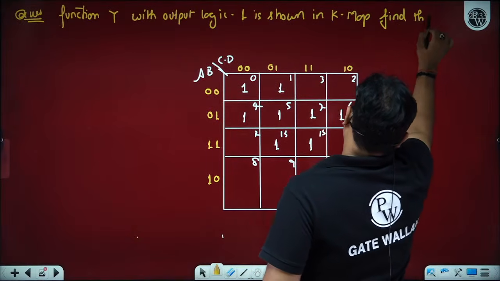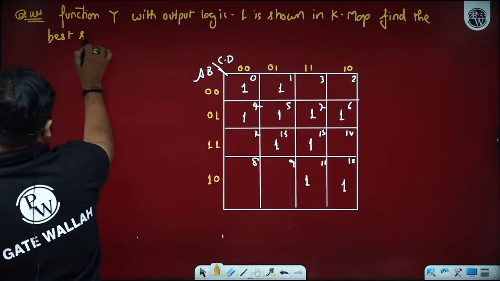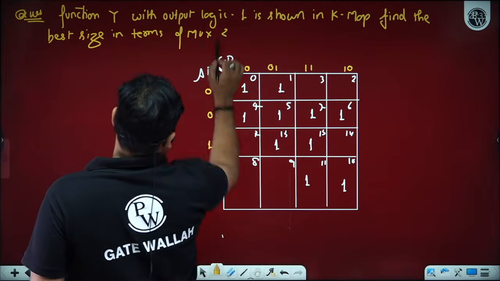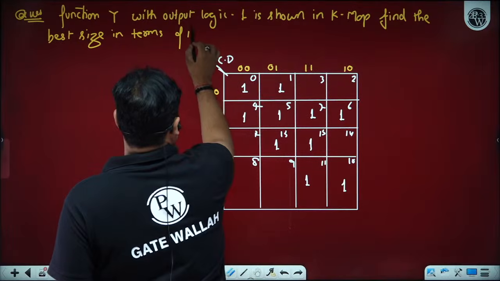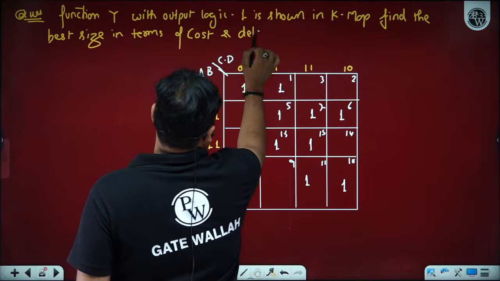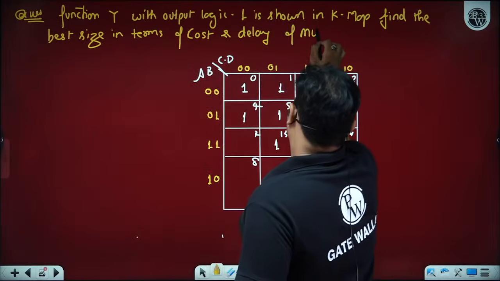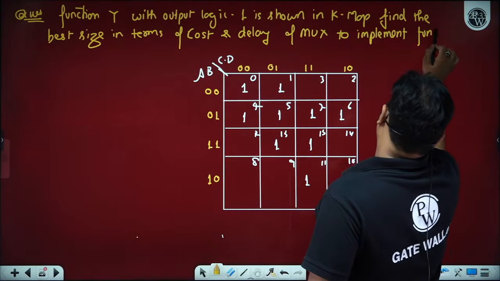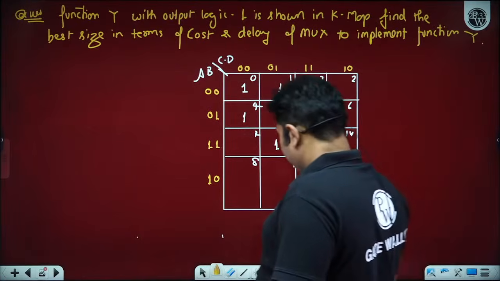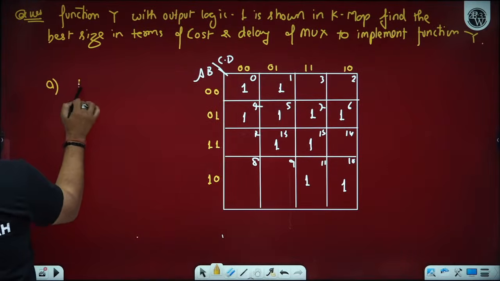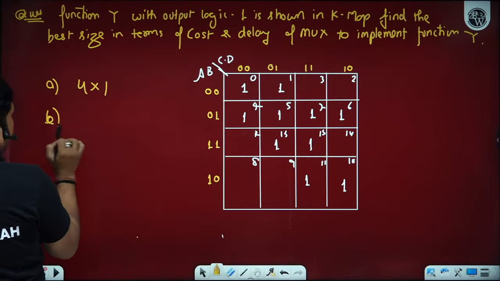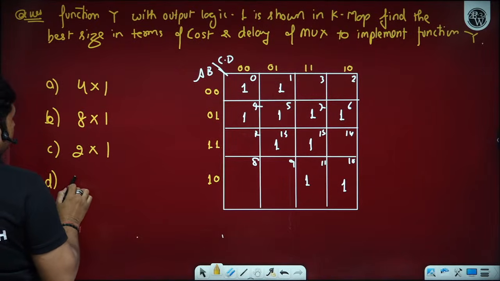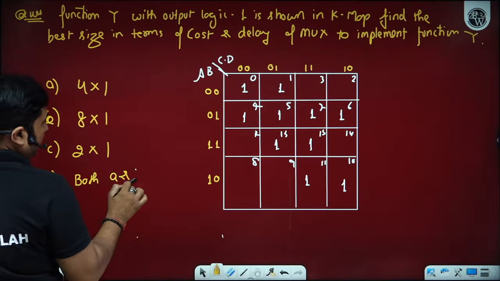Find the best size, in terms of cost and delay, of mux to implement function Y. Okay, so the sizes are given to you as: A, 4 cross 1; B, 8 cross 1; C, 2 cross 1; and D, both A and B.